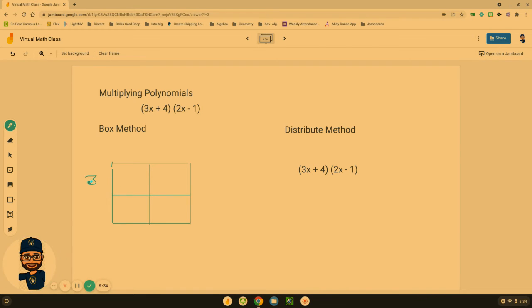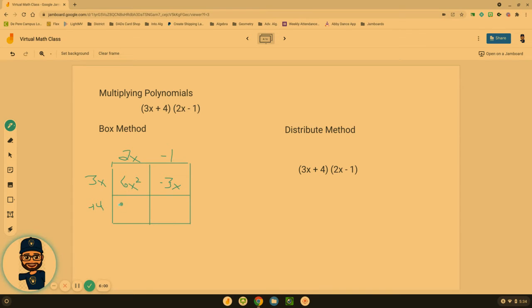So a 3x and a positive 4. Or I've got a 2x with a negative 1. All right, and so if I do that, 3x times 2x is 6x squared. 3x times negative 1 is negative 3x.